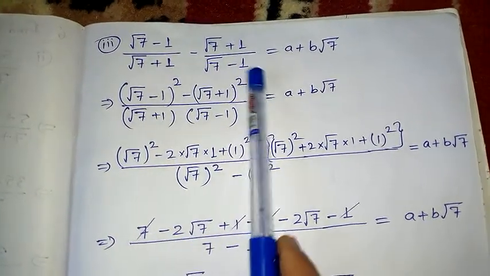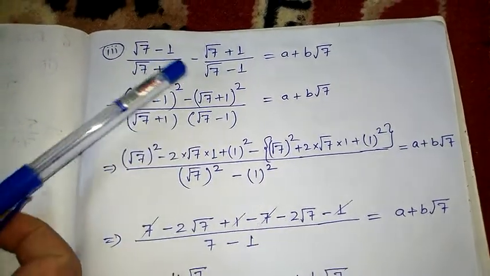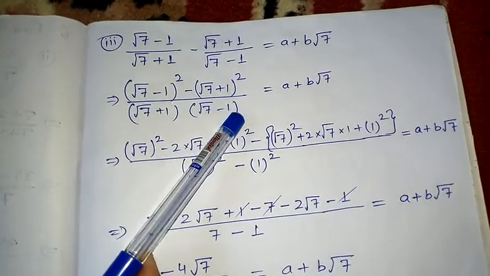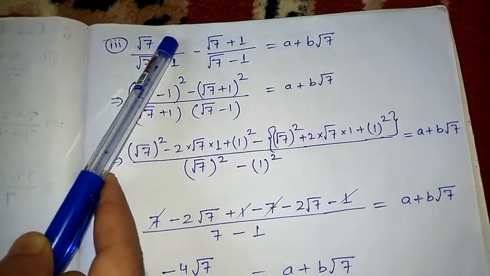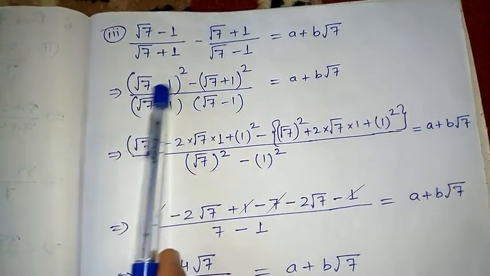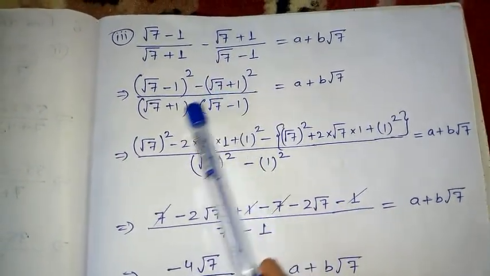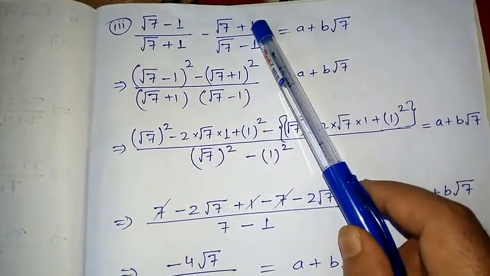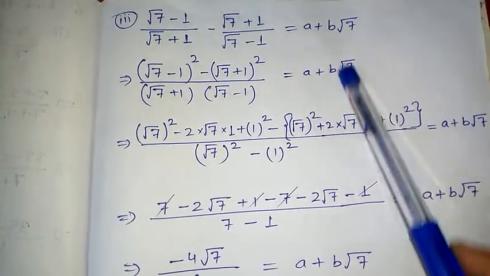Now both of them are LCM, then I have to cover 7 plus root 7 plus 1, root 7 plus 1, then root 7 minus 1 will multiply with root 7 minus 1, same number, so whole square minus, here this time I will cover this, then root 7 plus 1 will multiply with root 7 plus 1, so whole square equal to same thing we write.